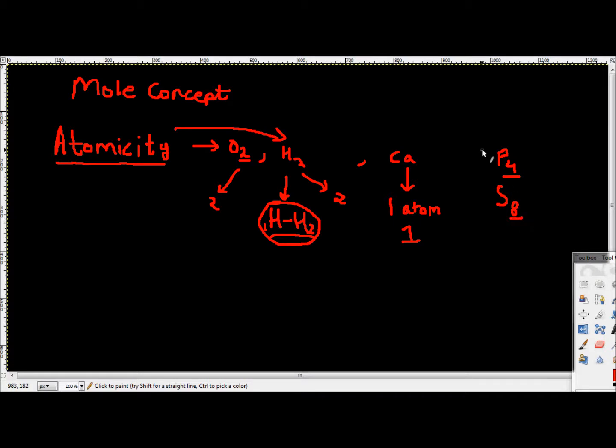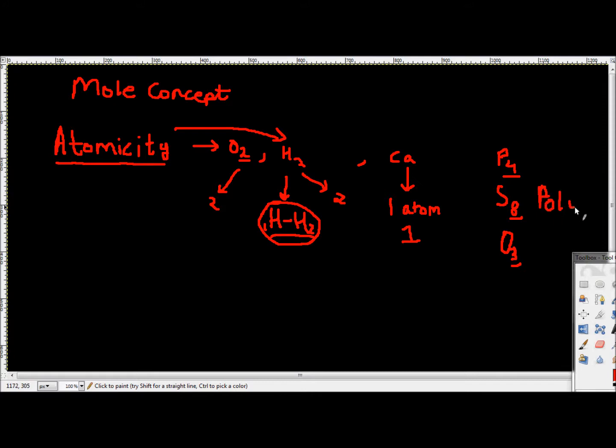You're probably wondering how, but at your level, I don't think you should know. It's gonna confuse you further. And there's also O3, which is ozone. Okay, so you can see the atomicities are 4, 8, and 3 respectively. So these are called polyatomic.